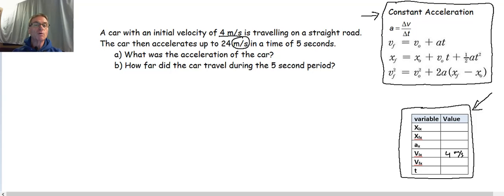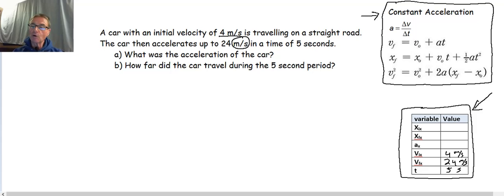And so this is going to be our final velocity, the 24 meters per second. So I'm going to put this in the final velocity box here. So we have Vix, we have Vfx, and it does it in a time period of 5 seconds. So that would be t, 5 seconds down here.